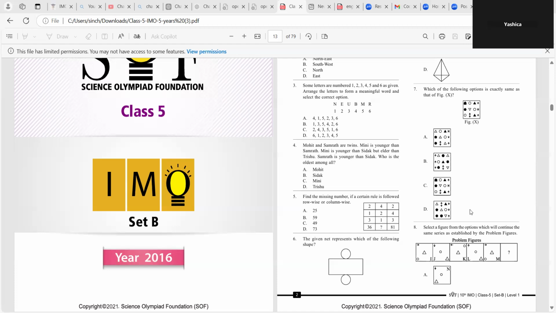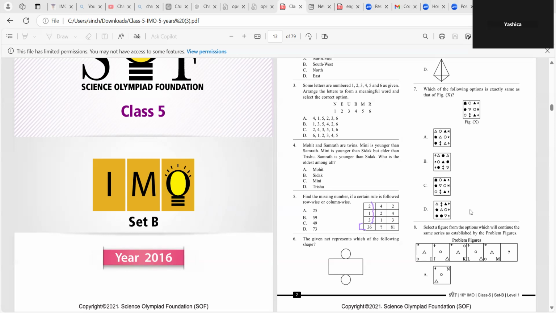Ma'am, 5 is C because what we are doing here, this row is the square of all of the numbers added up in the previous 3 rows.